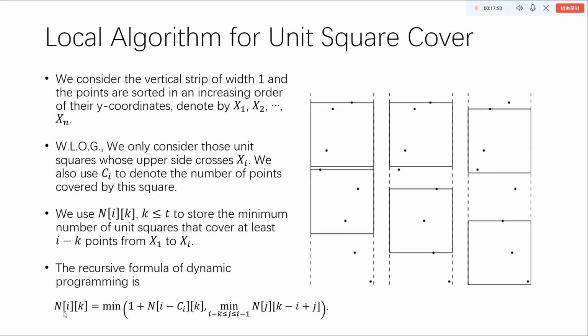If we are going to cover i minus k points from x1 to xn, we can choose the first square to cover xi.